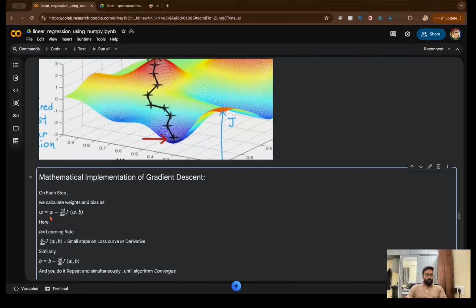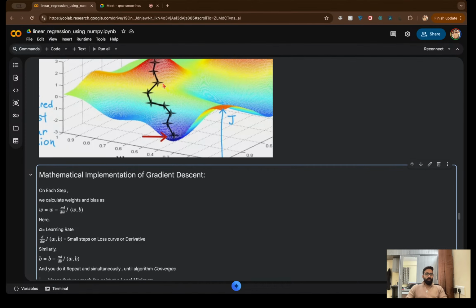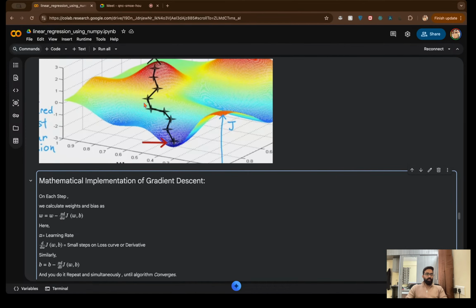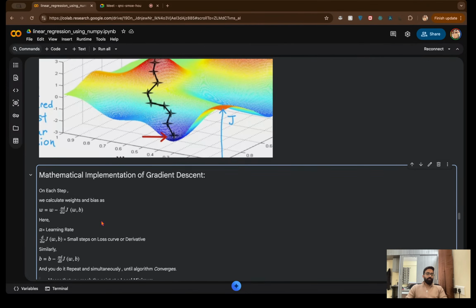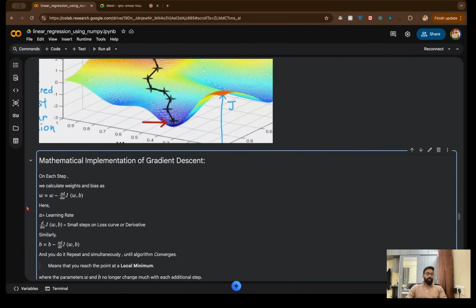W is equal to W minus alpha multiplied by the partial derivative dJ by dw of J(w,b).